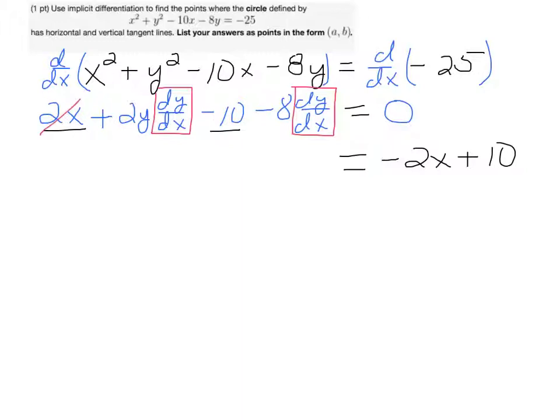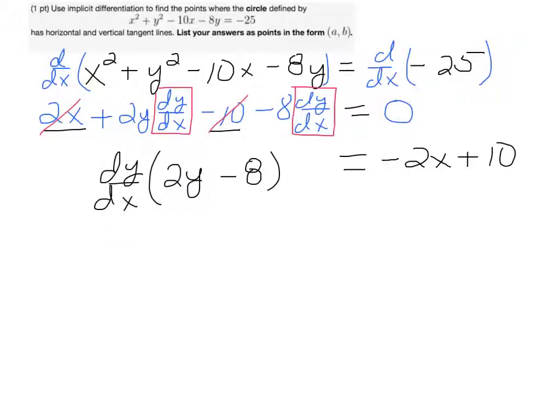So these terms are now gone. And then I'm going to factor out the dy/dx, and we are left with a 2y and a minus 8. The 2y was next to this dy/dx, which got factored out, and the minus 8 remains.